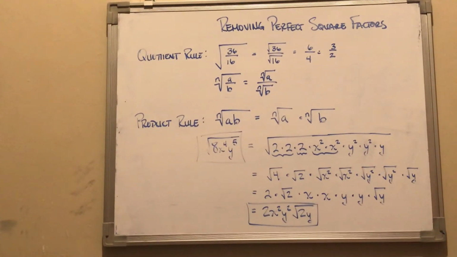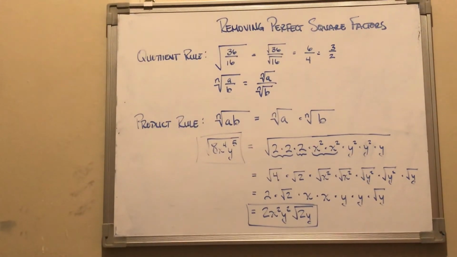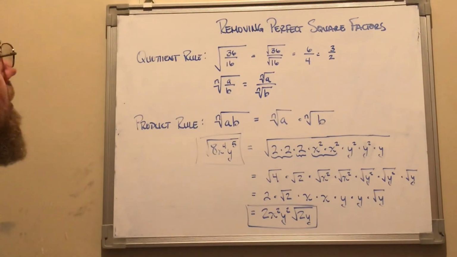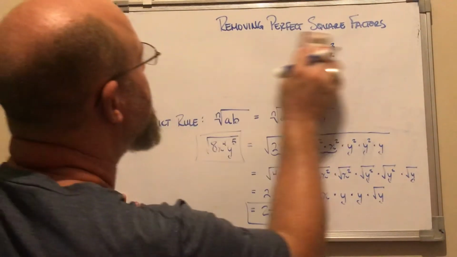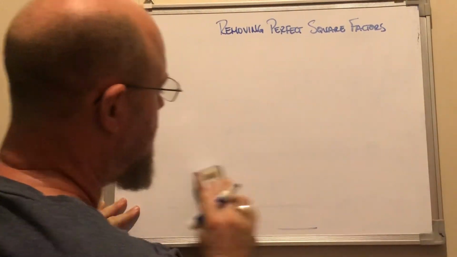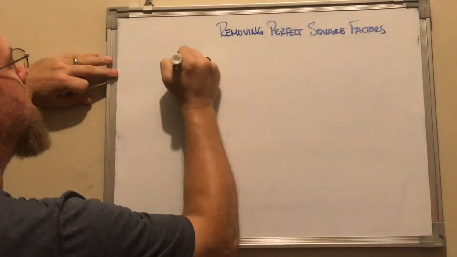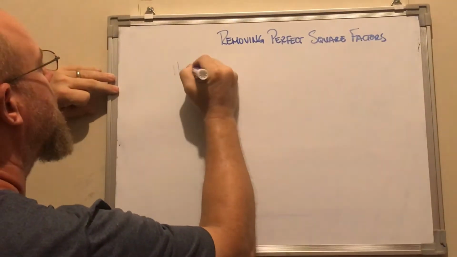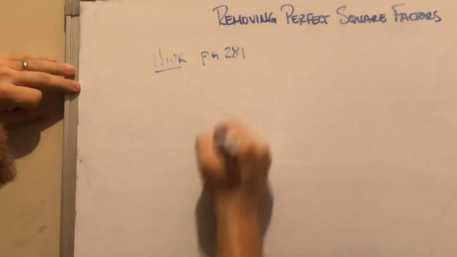All right, so we're going to do some practice of this. What I want you guys to do is on page 281, so your homework, I want you guys to practice the product rule. Homework, page 281.